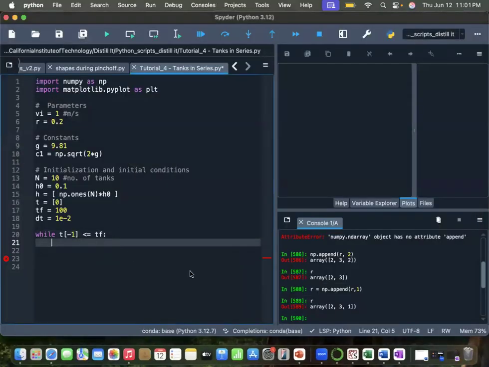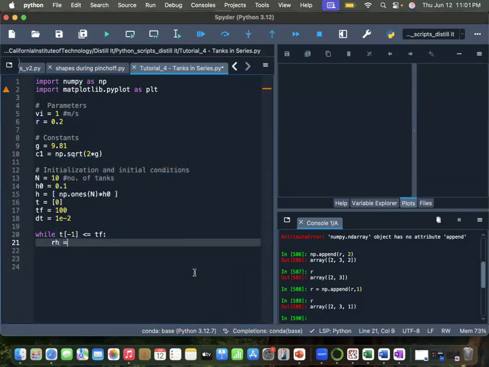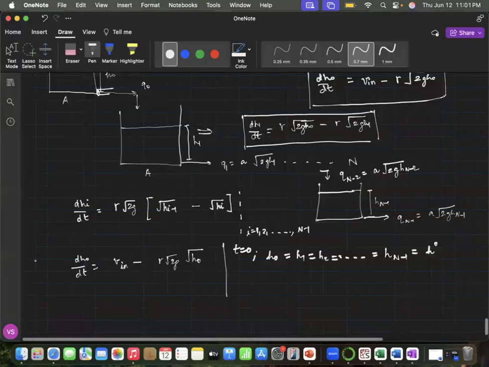So what we could do is we could maybe say RH equals to np dot array, and over here we could write the RHS for the first element, which is the RHS for H naught.